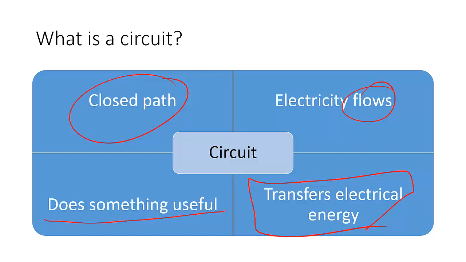I'm presenting right now on a laptop. The battery is storing chemical energy, transferring that into electrical energy, and all of the different processes in this laptop are governed by circuits, and the something useful that I'm doing is producing a video for you to better understand circuits. So once again, I'm going to reiterate, the key to understanding circuits is to understand that they transfer electrical energy in order to achieve something useful.